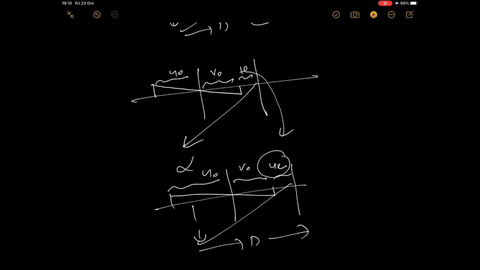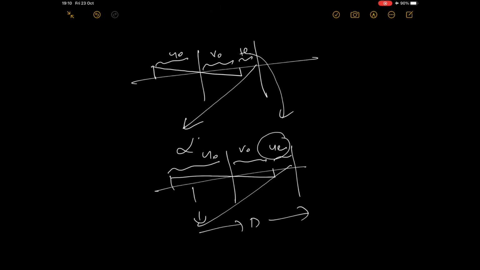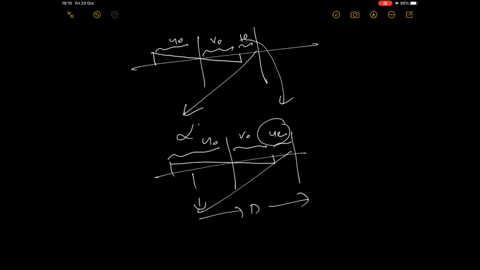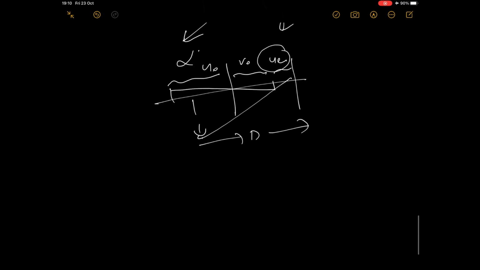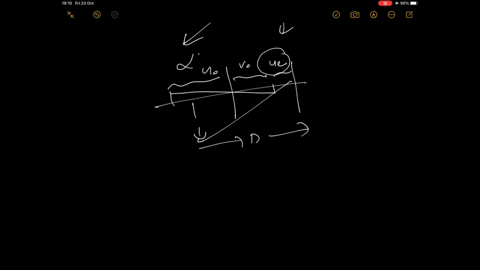When it is FE, it is at infinity, but when it is some other distance within the focus, then you will have a virtual magnified image here. And in the next question, the final image is being received on a screen, which means that the final image is a real image. We'll do that when we solve that particular problem.